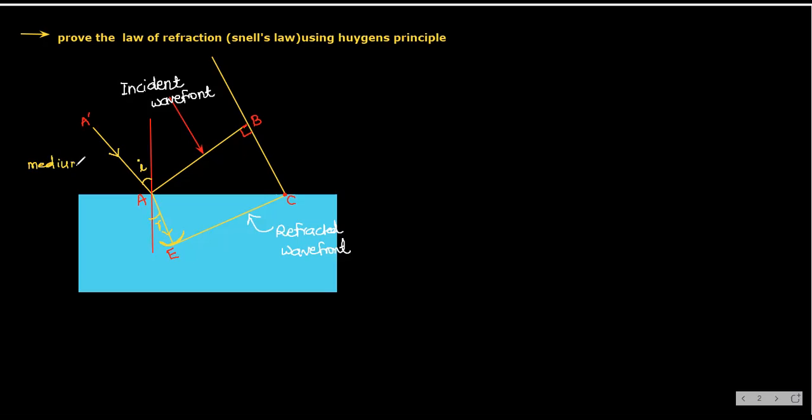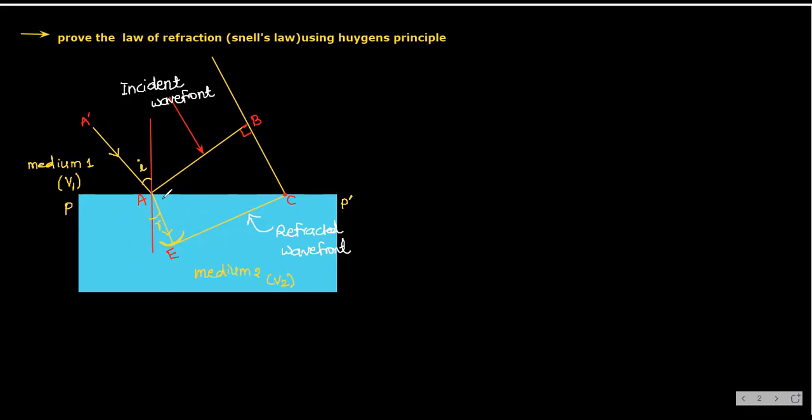So what is the speed? That is V1. What is the speed in this? Speed of light in this is V1, and this is P, this point is P, P dash, and this is medium 2, already I told. In this, what is the velocity of light? That is V2.